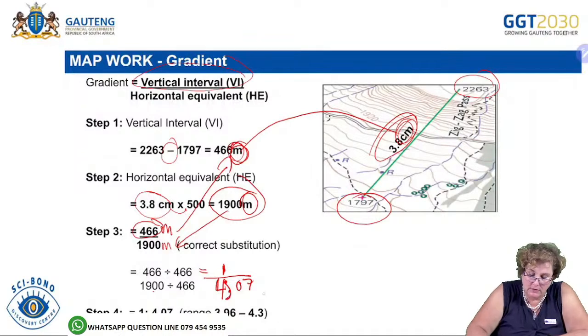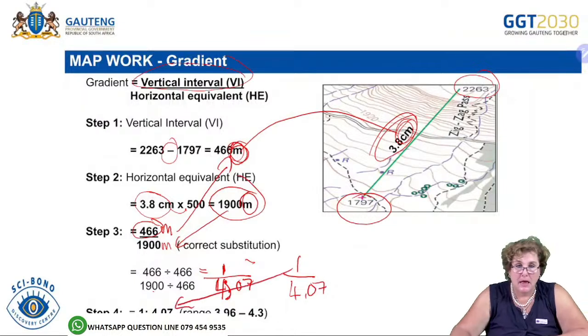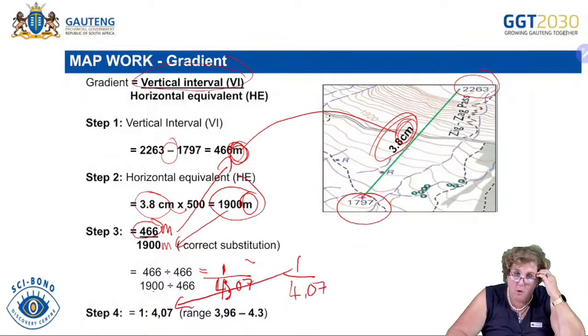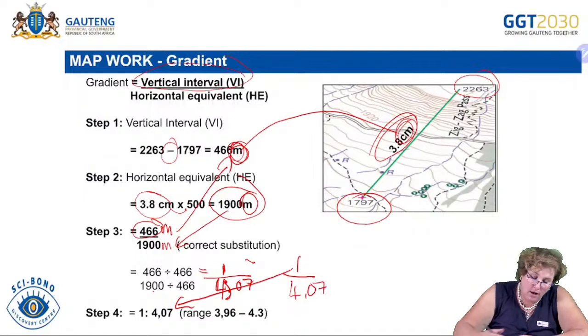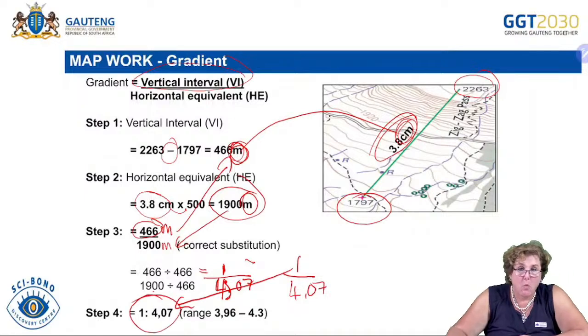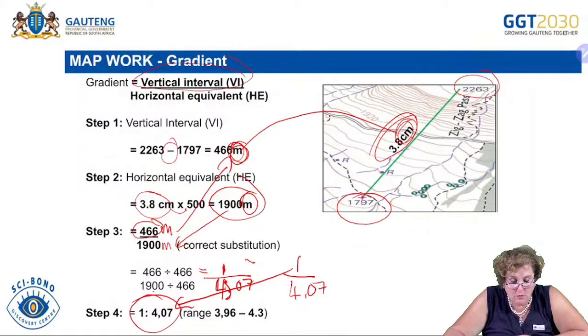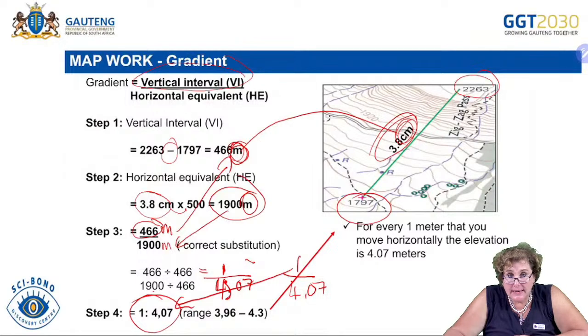Sorry, 4.07. 1 over 4.07 is exactly the same as 1:4.07. Your answer must always be 1:4.07. What does it mean?